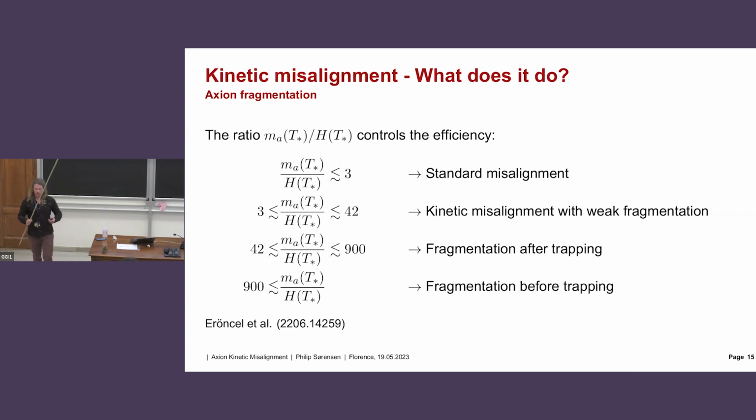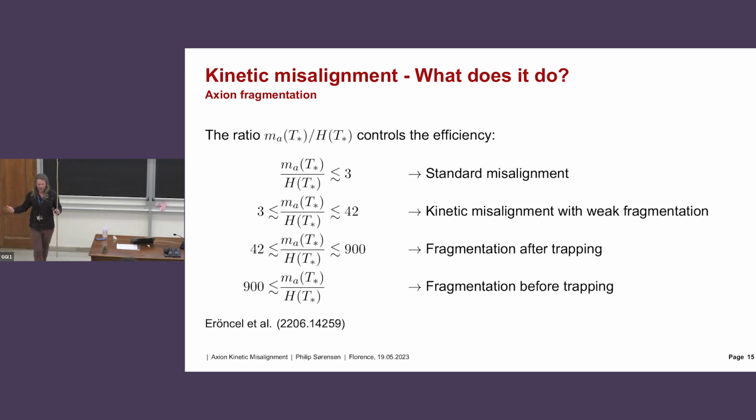We also tried to classify the efficiency of fragmentation, and we found that it is essentially controlled by the hierarchy of the mass to Hubble at the time where oscillations start. This makes intuitive sense because what normally prevents you from probing the anharmonicities in the cosine potential is that Hubble very quickly dampens you into the WKB regime.